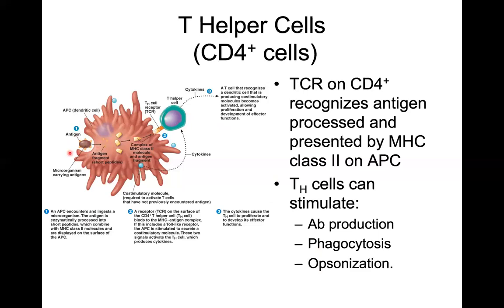Or it can signal to other cells that play a role in opsonization. So the idea is this is the foreign object, brought in by one of your good guy cells, an antigen presenting cell. A portion of it is presented, offered to a T helper cell. The T helper cells then amplify the signal out to all the other cells in the immune system to be on the lookout for this particular thing.